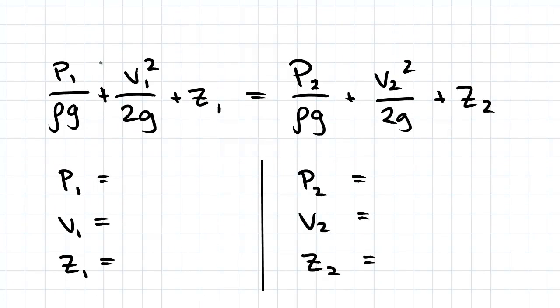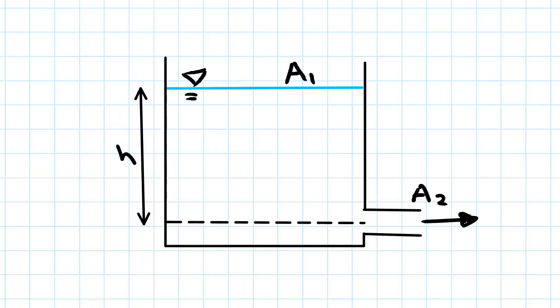Point 1 and point 2, we need to find pressure, velocity, and height for each point. Point 1 is exposed to the atmosphere, so the pressure here will be 0.